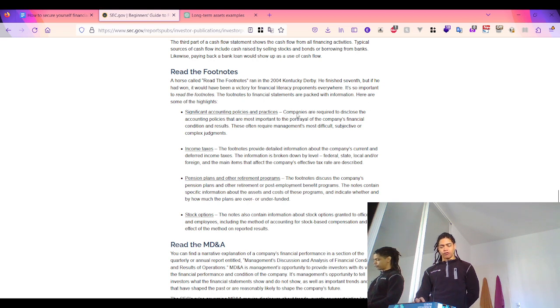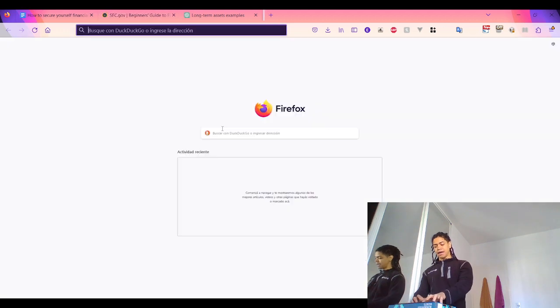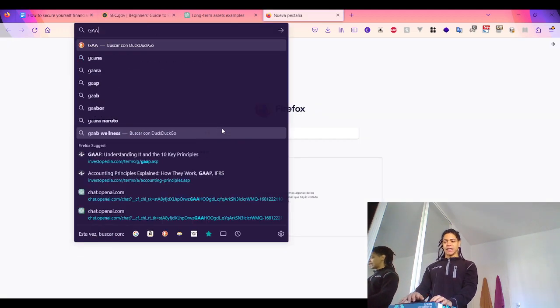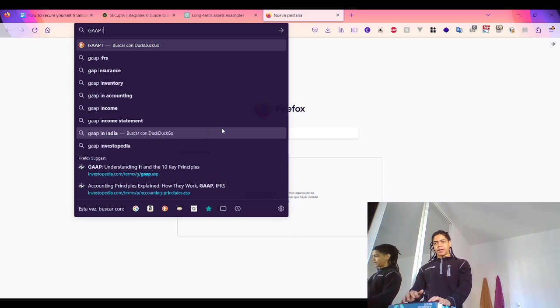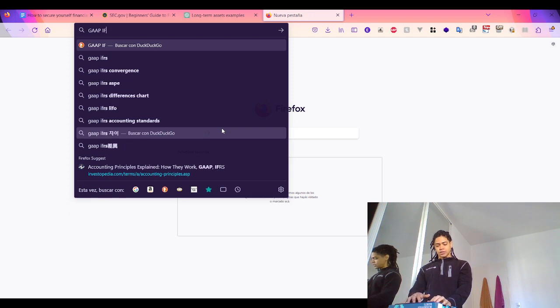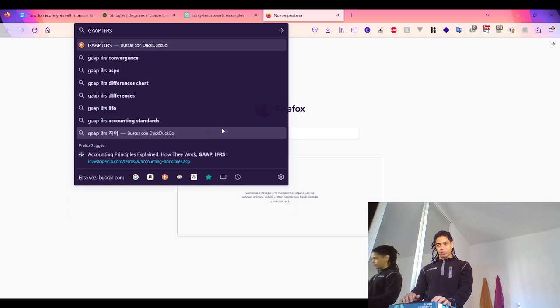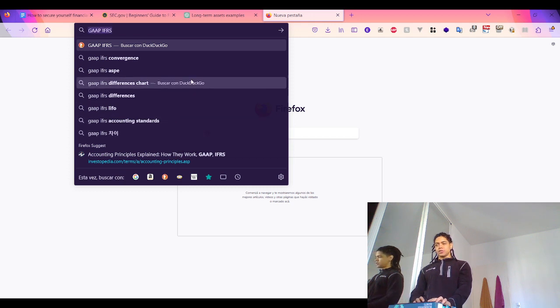Companies are required to disclose their accounting policy, which is how the company adheres to accounting principles, where here we have GAAP, the Generally Accepted Accounting Principles, or the International Financial Reporting Standards.